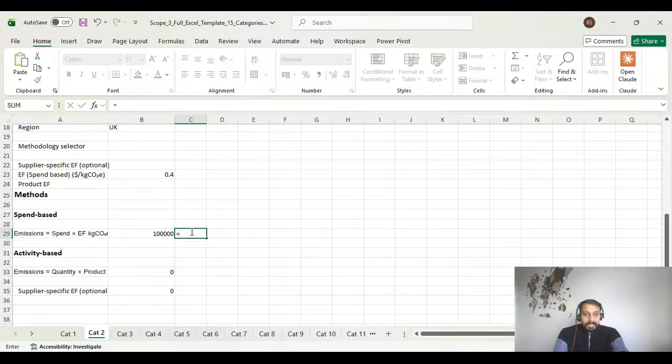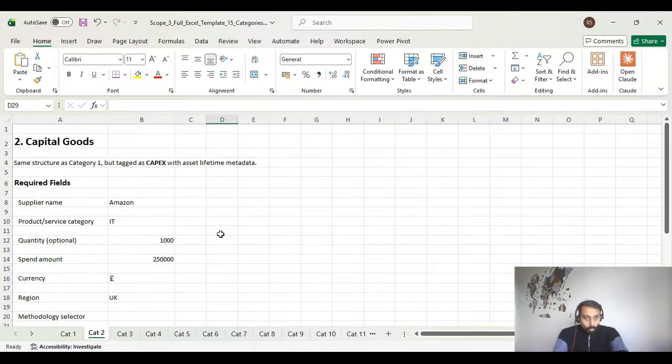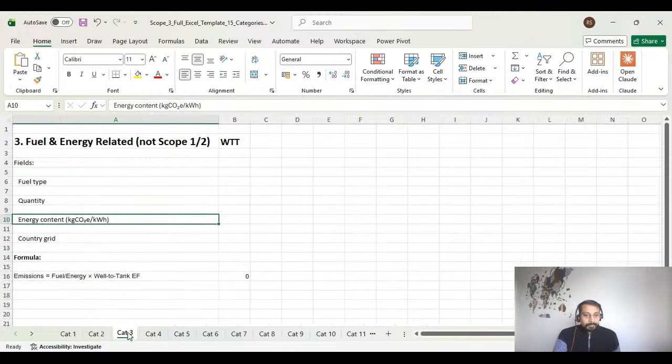So for that we have to divide it into tons of CO2 equivalent. So that is category 2. This is part of category 2, which is considered as capital goods.